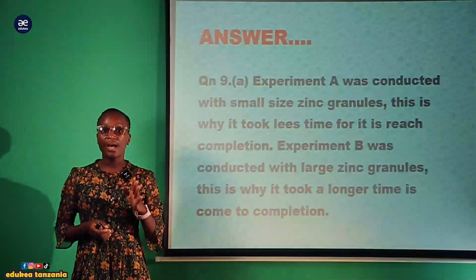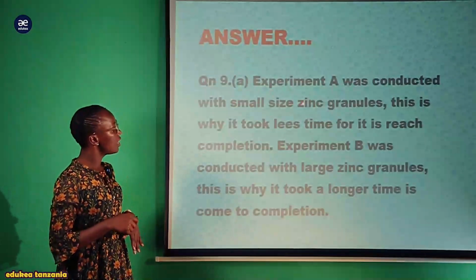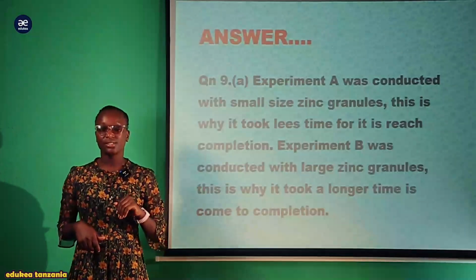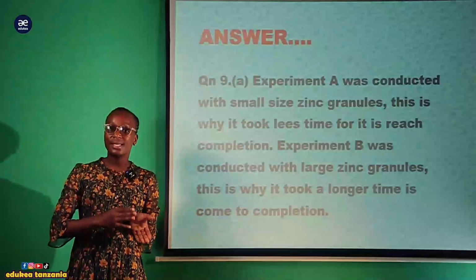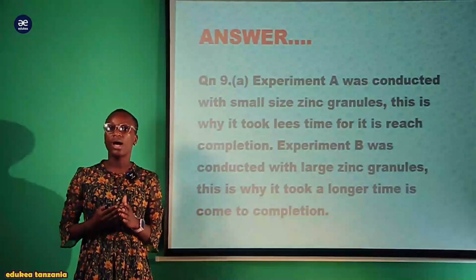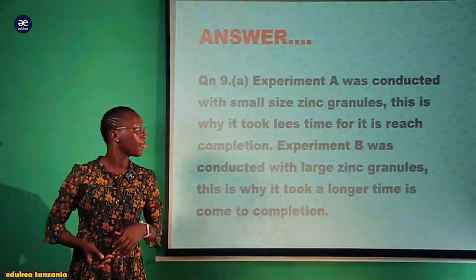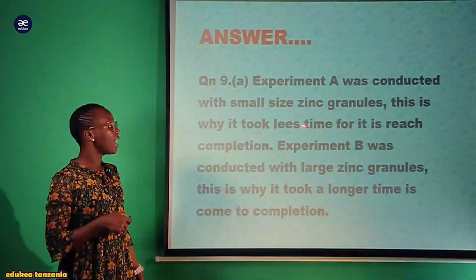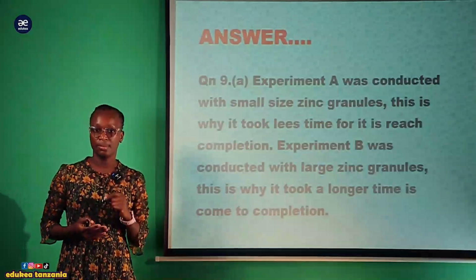Therefore, if there is a small size of zinc granule, the product to be formed will have different results. If the zinc granule is in a small amount, the results will be in a different way. Therefore, because of the small size of zinc granule, the time for completion of the reaction is different from experiment B.